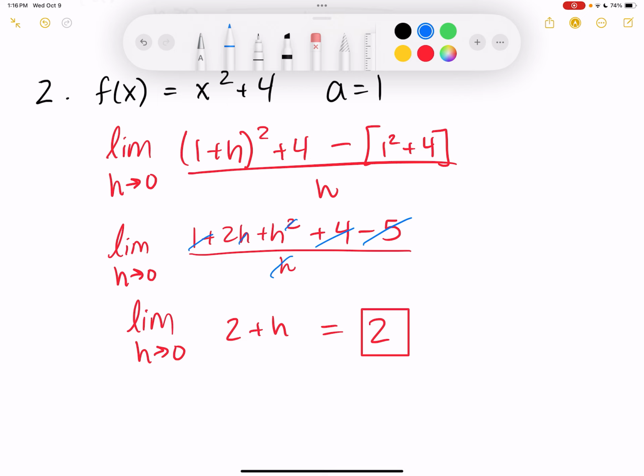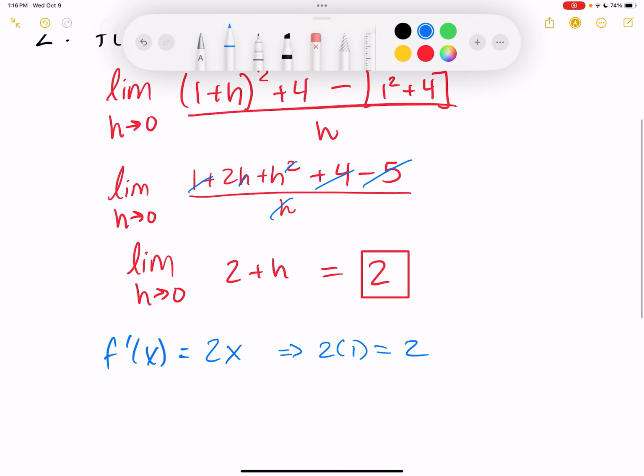Now, I'm going to quickly show you the shorthand way to do this problem. f prime of x equals 2x, plug in 1, 2 times 1 equals 2. That will be your shorthand way to do this problem that you don't know yet. Because I know you're so curious now, all we do is we take whatever the exponent is and we put it in front, multiplied by whatever it is, and then we subtract 1 from the exponent.